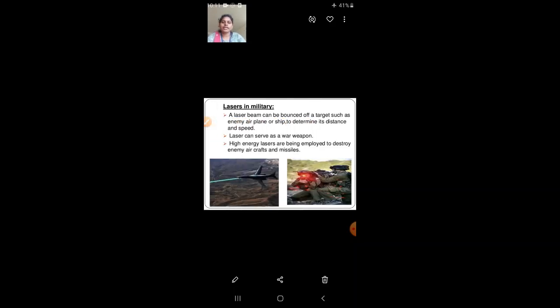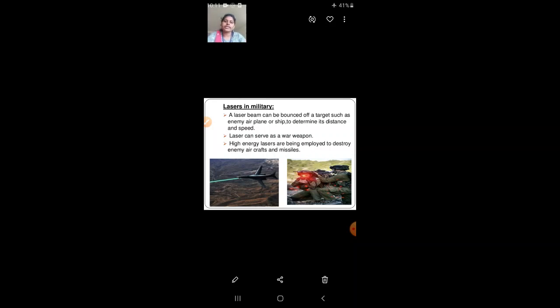And lasers in military. A laser beam can be bounced off a target such as an enemy airplane or ship to determine its distance and speed. Once we fix the target, the light, as we already know very well, is a single wavelength and travels a very long distance, so it is easy for the military.